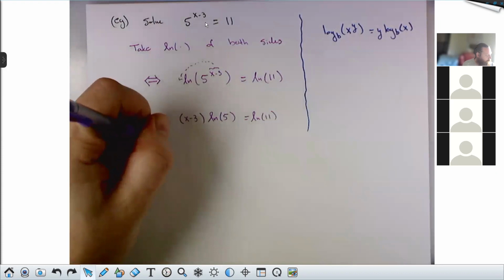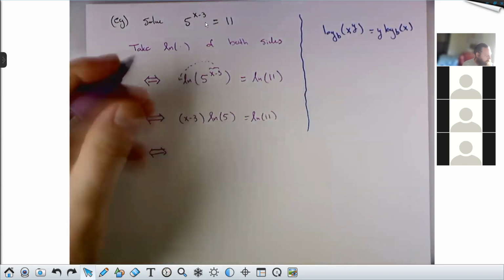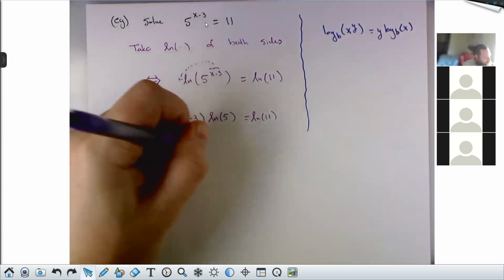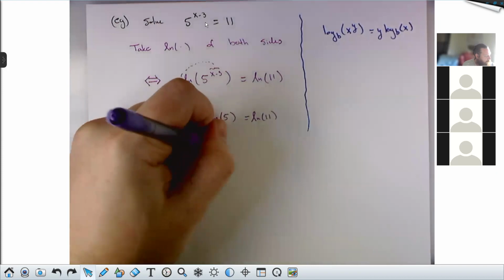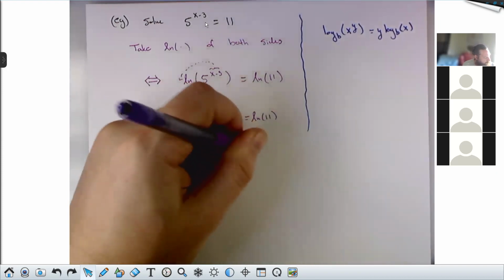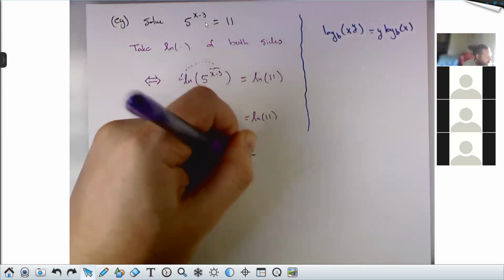But from here, things are very quick. Natural log of 5, just a number. I want to get x alone. So I would start here by dividing both sides by the ln of 5. And you get the ln of 11 over the ln of 5.